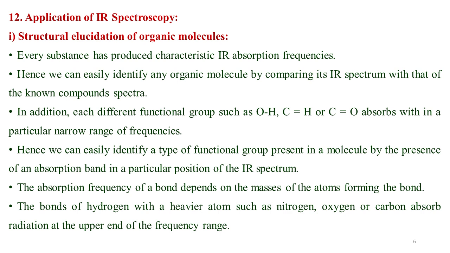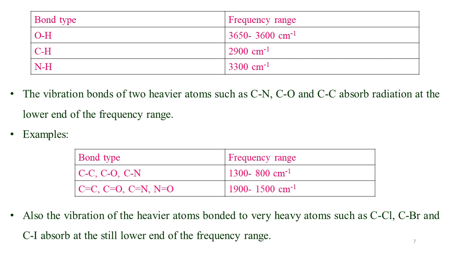The bonds of hydrogen with the heavier atoms such as nitrogen, oxygen, or carbon absorb at the higher end of the frequency range. For example, OH will have the frequency range of 3650 to 3600 per centimeter, CH will appear at 2900 per centimeter, and the NH bond will appear in the frequency range of 3300 per centimeter.